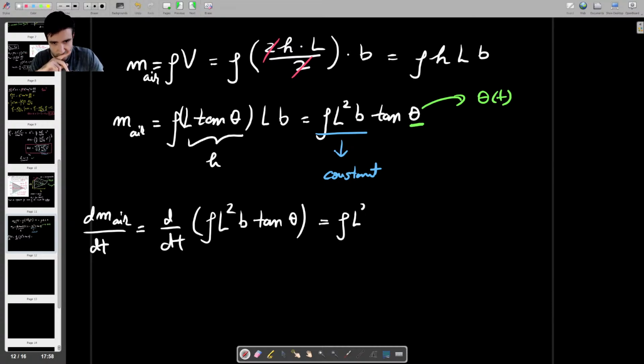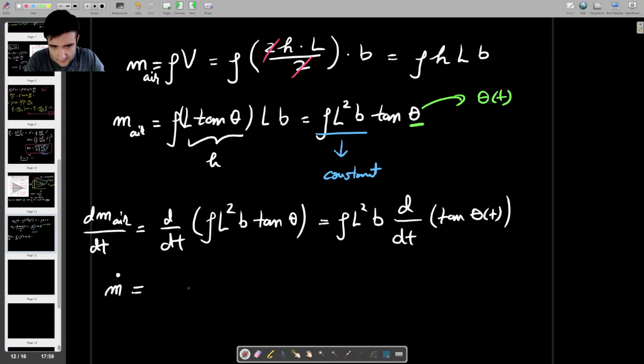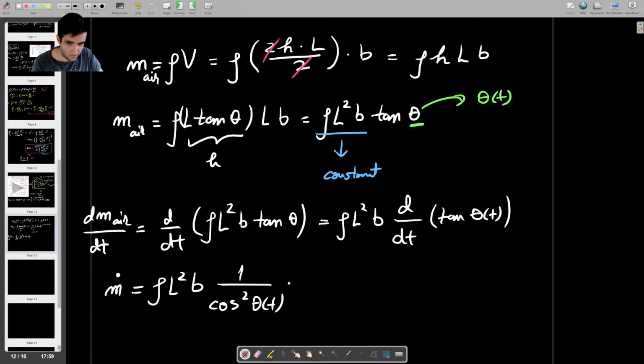So the rho L squared becomes outside, and now we have to differentiate tan of theta with respect to time, and theta itself is a function of time, so we're gonna have to apply the chain rule in this case. So m dot is equal to rho L squared B, and now the time derivative of tan is 1 over cosine squared of theta, and according to the chain rule now we have to differentiate theta as well.